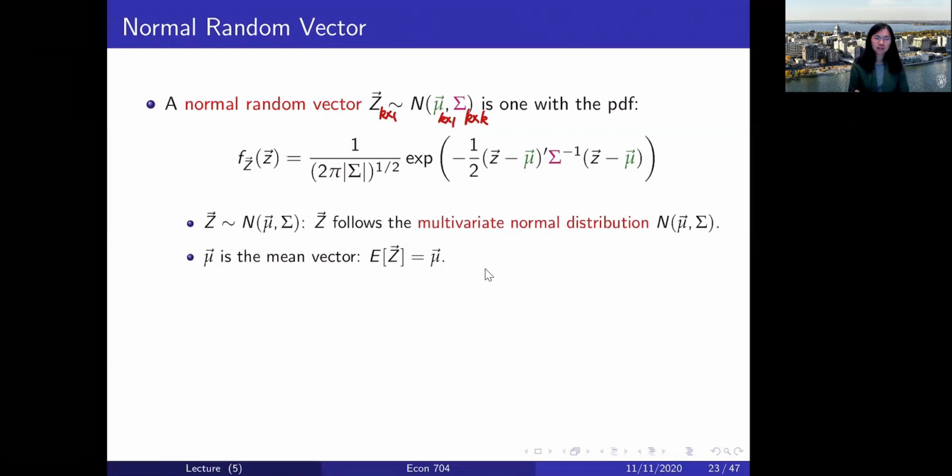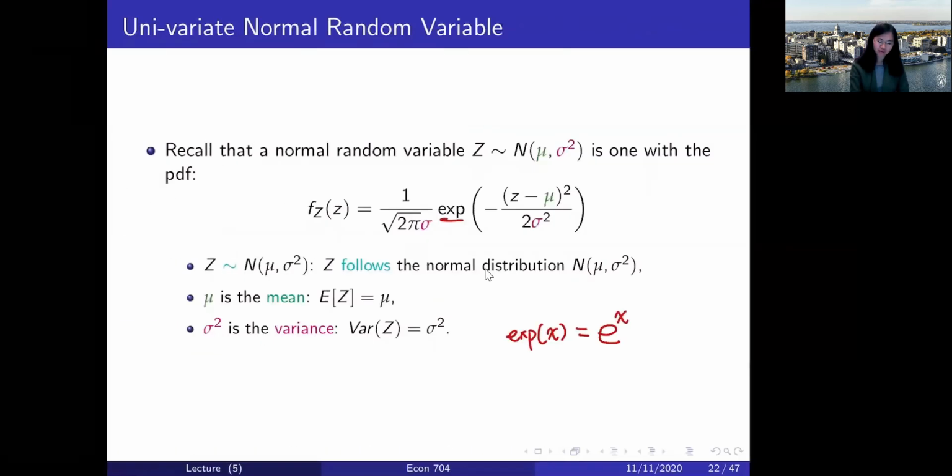It's kind of similar to the scalar case because if you look at what's inside the exponential function, you got minus 1 over 2 times z minus mu times the inverse of the variance matrix times z minus mu again. Now, if k equals 1, then this is a scalar. Then you got a scalar z minus mu times the inverse of the scalar variance times z minus mu, and that would be exactly equal to z minus mu squared divided by the variance.